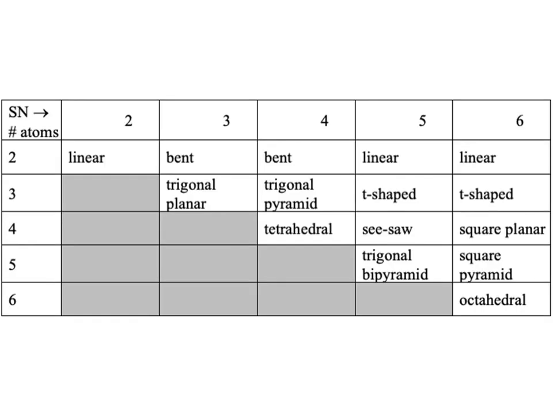I can organize this information into a table like the one shown here. So across the top row, I have the steric number. This will dictate the electron arrangement. And then down this first column, I have the number of atoms around the central atom.